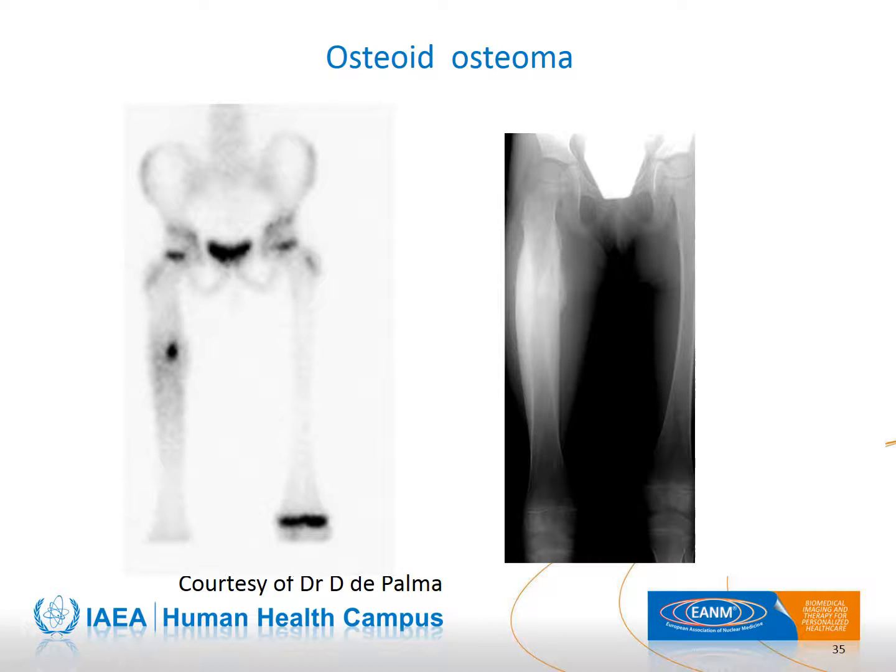An osteoid osteoma located on the upper third of the right femur, with a focus of intense tracer uptake, surrounded by a periosteal reaction clearly visible on plain radiography.